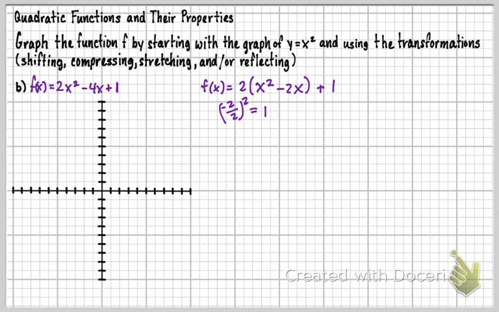So if I'm adding a 2 in here, I'm going to have to subtract a 2 out here to offset that 2 I added. So really what I'm adding is 0. Now I'll write this out so you can see it. This is really just f of x equals 2 times the quantity x squared minus 2x plus 1, minus 2.